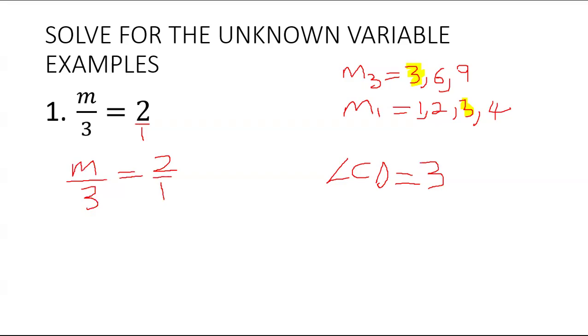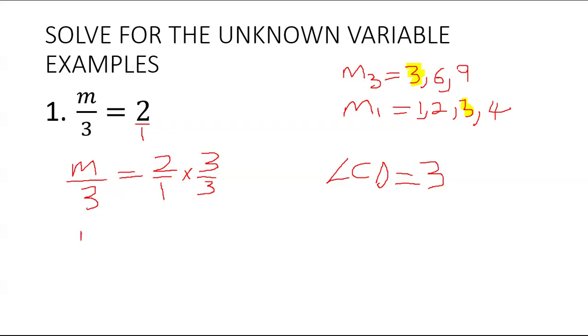And for me to change this 1 to that LCD, I need to multiply it by 3. But the rule is that if you multiply the numerator, you must also multiply the denominator. If you multiply the denominator, you must also multiply the numerator.